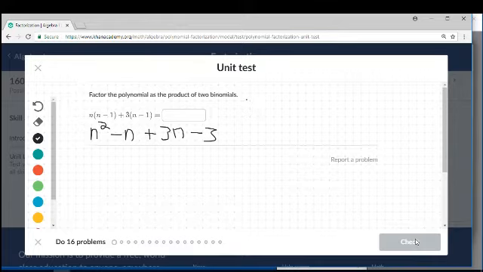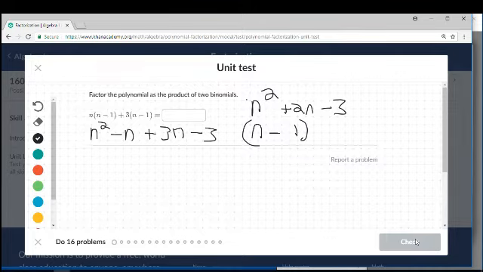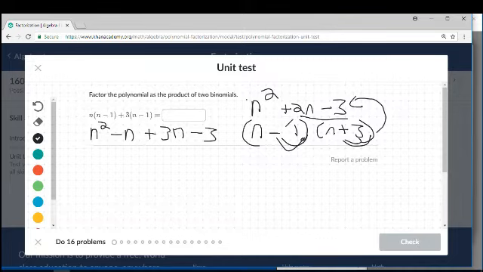I'm going to show something to you guys on the first one, okay? So this will be n squared plus 2n minus 3, and this can be looking at n minus 1 and n plus 3, because negative 1 and 3 multiply to negative 3, but they add to 2.